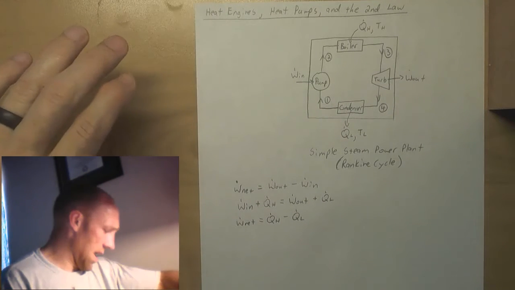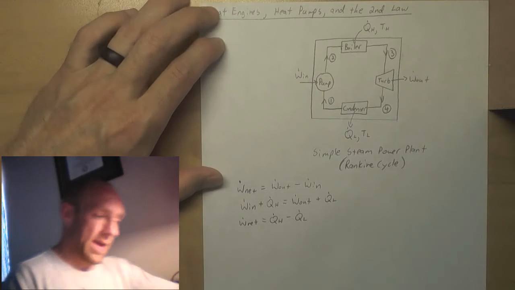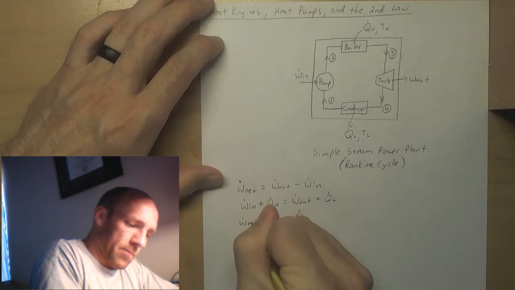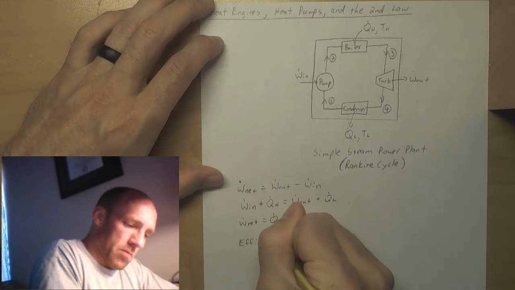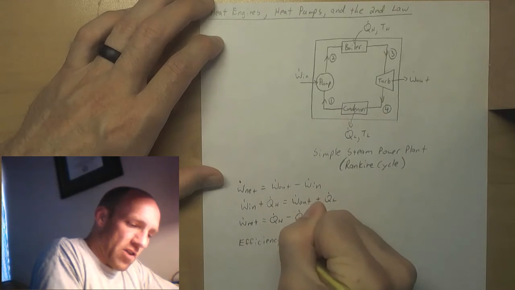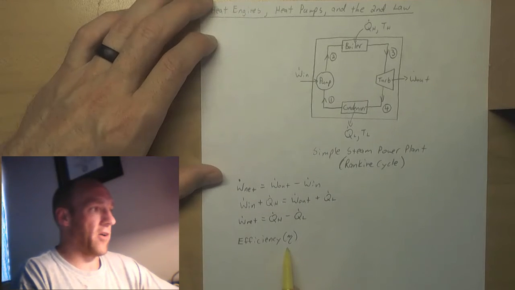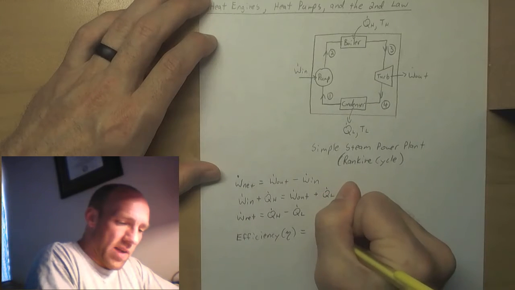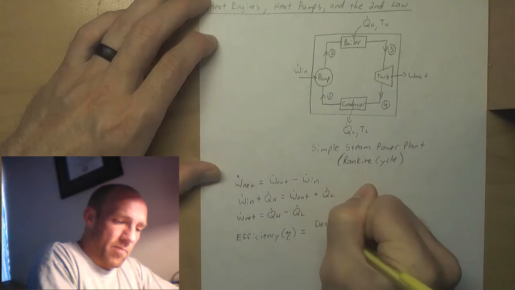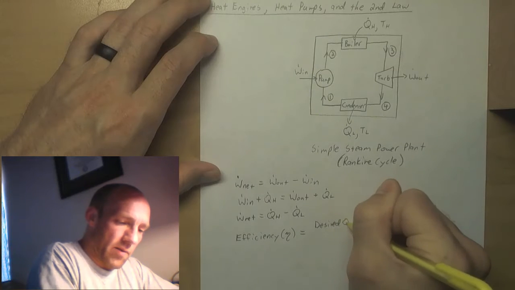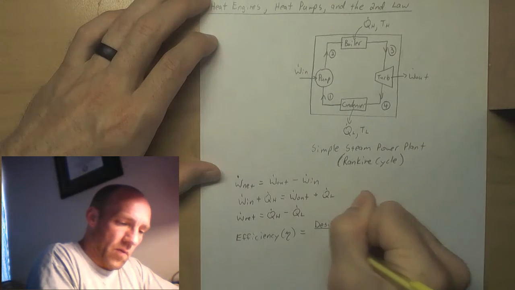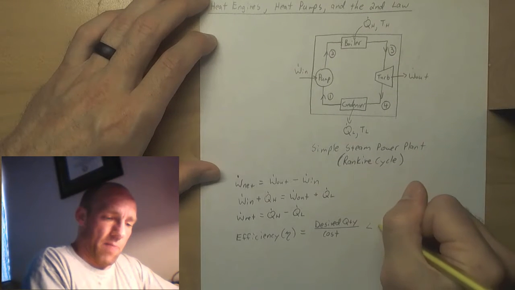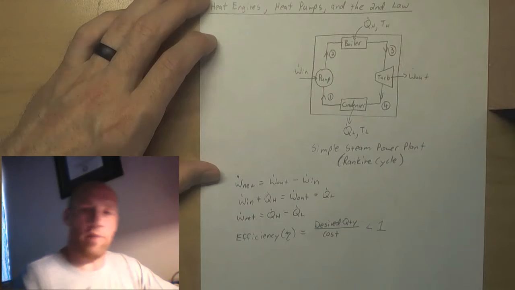All right. And so I'm going to define efficiency in general. Efficiency is usually given the symbol, the Greek letter eta, and it's always a desired quantity divided by the cost. And by convention, it's typically less than 1.